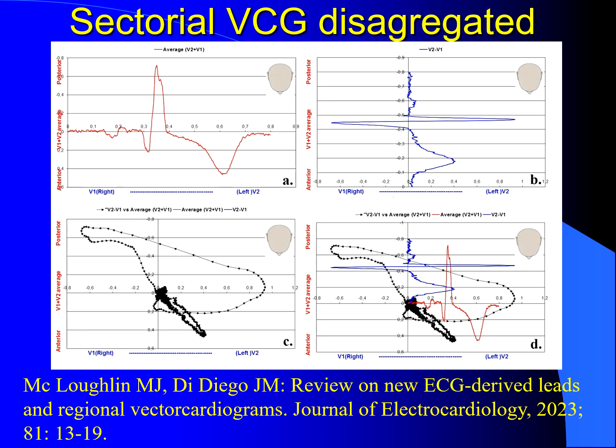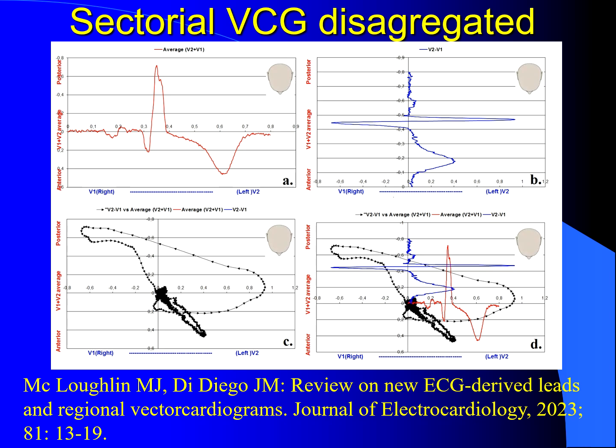Sectorial VCG disaggregated. This slide shows how the regional vectorcardiogram is formed. Panel A shows the average B1 plus B2 pool in red.